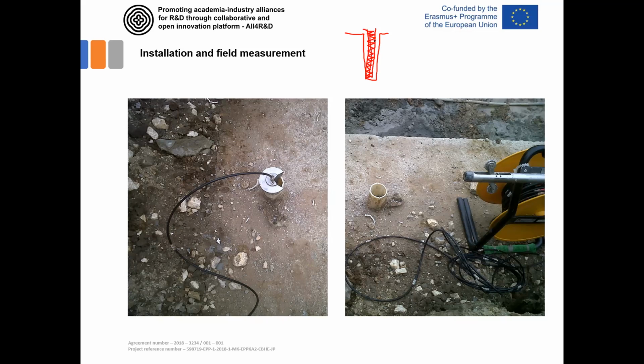What we usually do is put the inclinometer casing along with the reinforcement cage. We just link it with the reinforcement cage, and then we place the concrete all around. So you can see that the inclinometer casing remains inside the concrete.